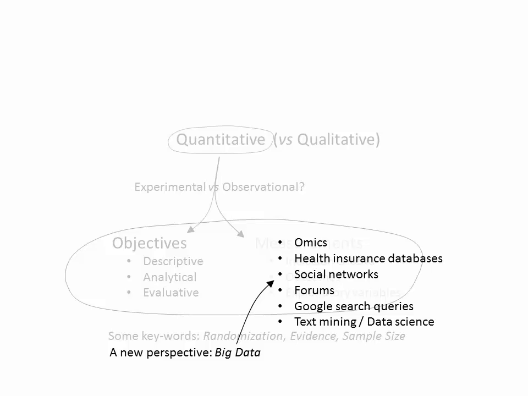And you have no IRB, ethics committee, etc. Everybody can use this data. Google search queries: you have a tool which is Google Trends. You can access it freely, and you have all the words that have been entered on Google every day.